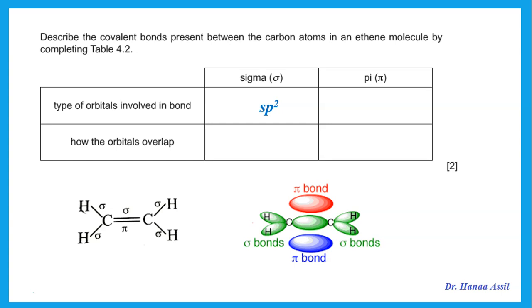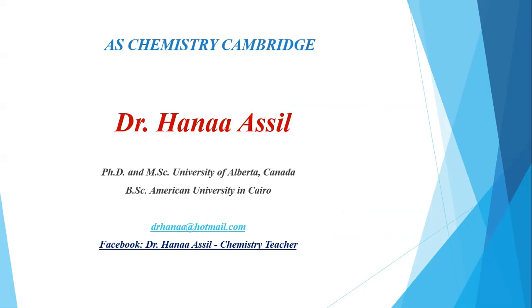Now the pi bond is made from a p orbital. How do the orbitals overlap? Remember that any sigma will overlap head to head. A pi would overlap side to side. So remember that for the sigma bonds in the carbon, each of them is made from an sp2 hybridized orbital.